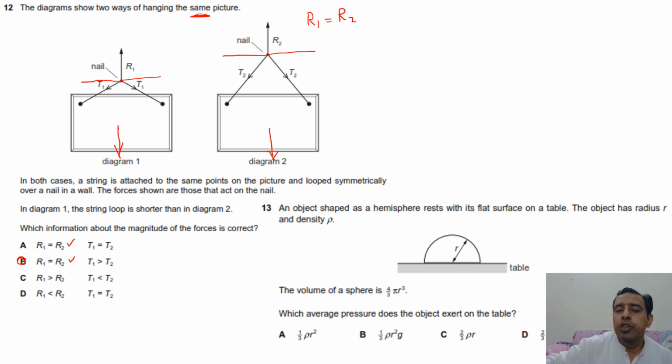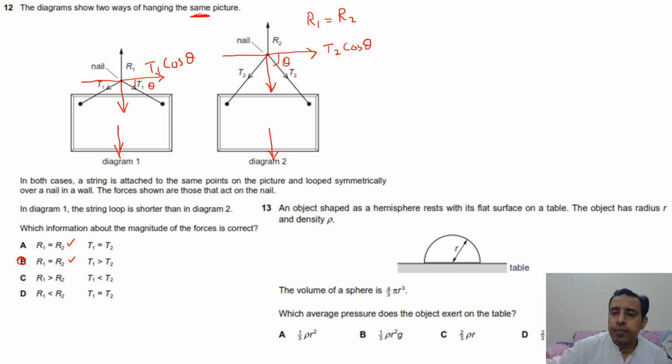comparison between the tensions by having some angle over here. You know that there is some angle theta here and there is some other angle theta here. If we divide it into the components, we have these components, like this one. So this is called T2 cos of theta, and here we have T1 cos of theta.